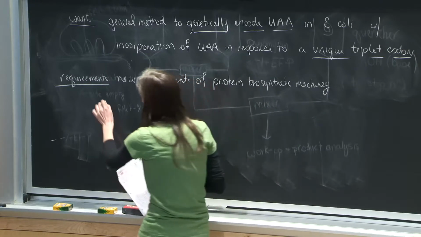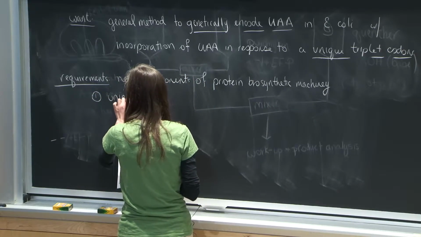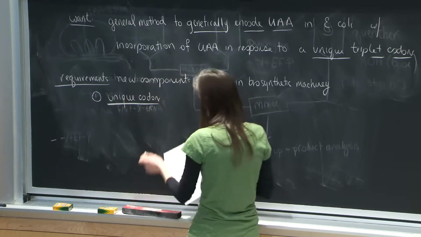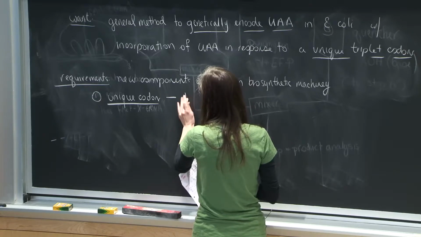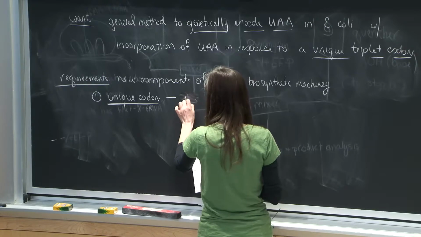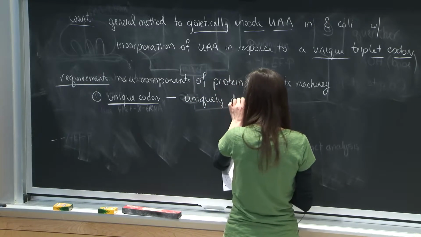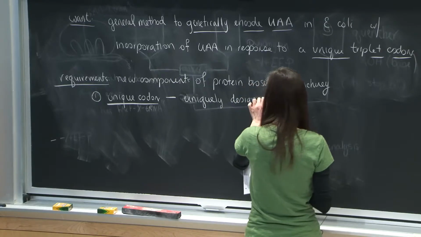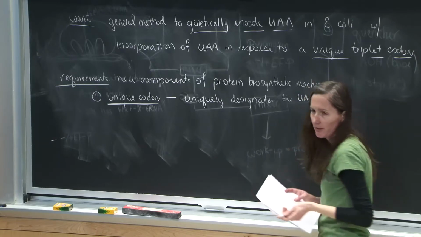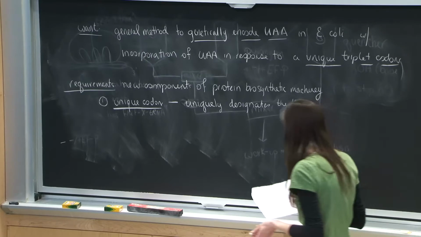The first order of business is that we need a unique codon, which uniquely designates the UAA. And so we need to ask, where does this come from? Because we just went over the fact that the codons are used up for amino acid, start and stop.